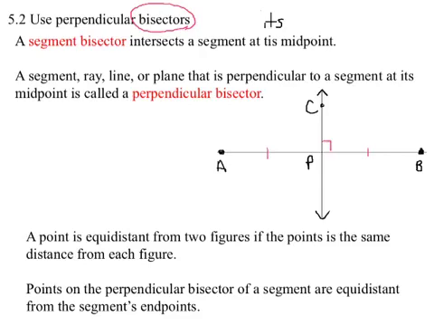A segment, ray, line, or plane that is perpendicular to a segment at its midpoint is called a perpendicular bisector. Our example: here is a line perpendicular to a segment at its midpoint, which is P in this case.